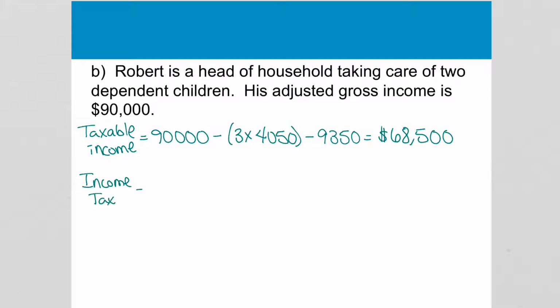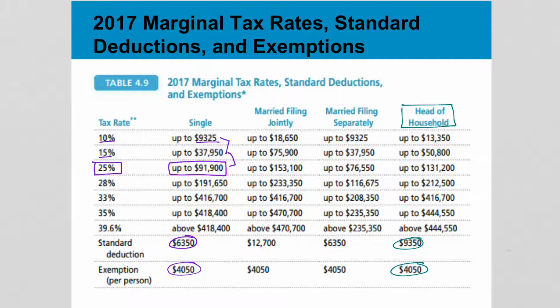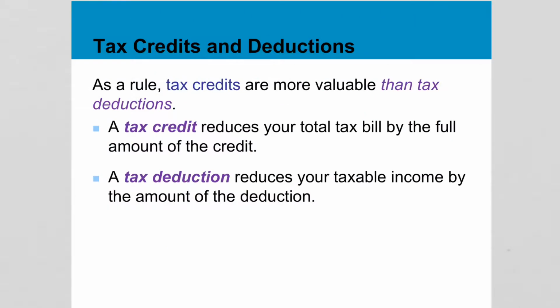So how much is he paying in income tax? So we go back under his head of household, and it'll be $68,000 up to there. So he's also in the 25% bracket. But it's 10% up to this amount, then 15% up to this amount, and 25% above that.